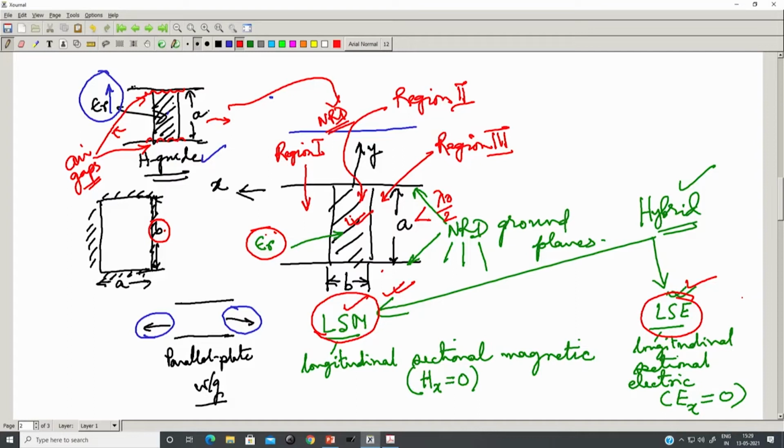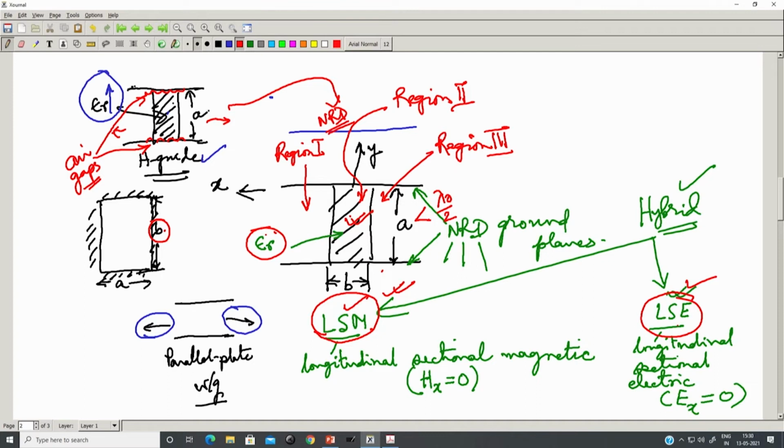So, therefore, this complicates matters for the NRD, because we have to use a mode which is the LSM, which has a higher cutoff than the LSE. We did not do that for the rectangular waveguide. The T01 mode which we used is the dominant mode, and it has the lowest cutoff, and we are using that mode.